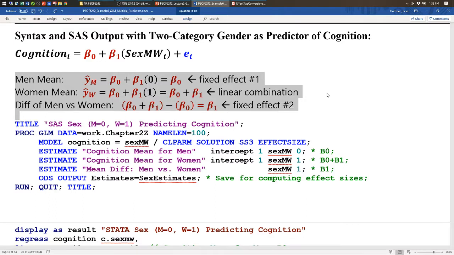So that is for men here, right? Beta 1 is what? What does beta 1 represent? It's the slope for gender. Now, how do we think about slope when we're talking about groups?